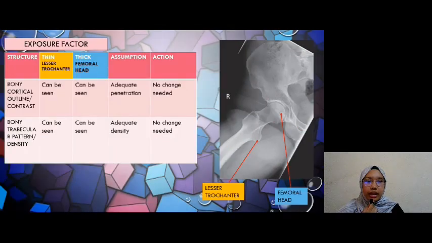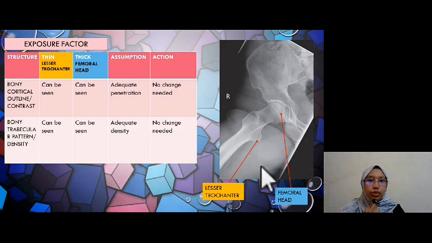Next, for exposure factor, the kVp used is adequate for penetration and radiographic contrast. This is because the bony cortical outline of a thin structure, which is the lesser trochanter, can be seen, and the bony cortical outline of a thick structure, which is the femoral head, can be seen.